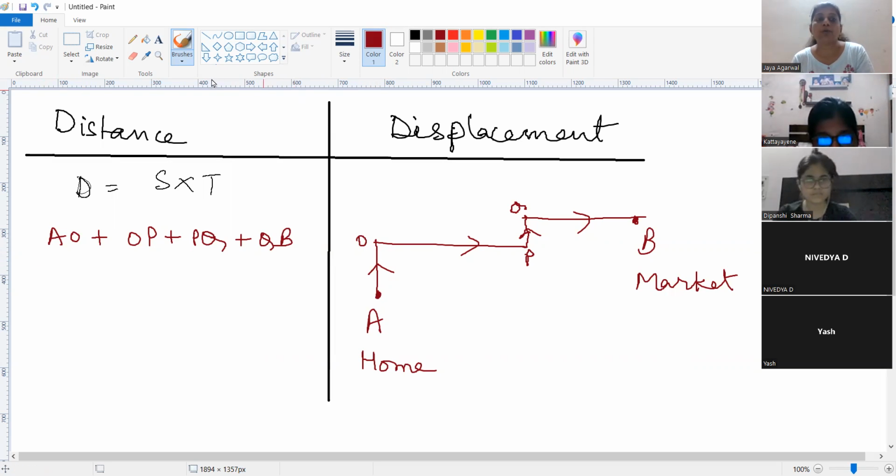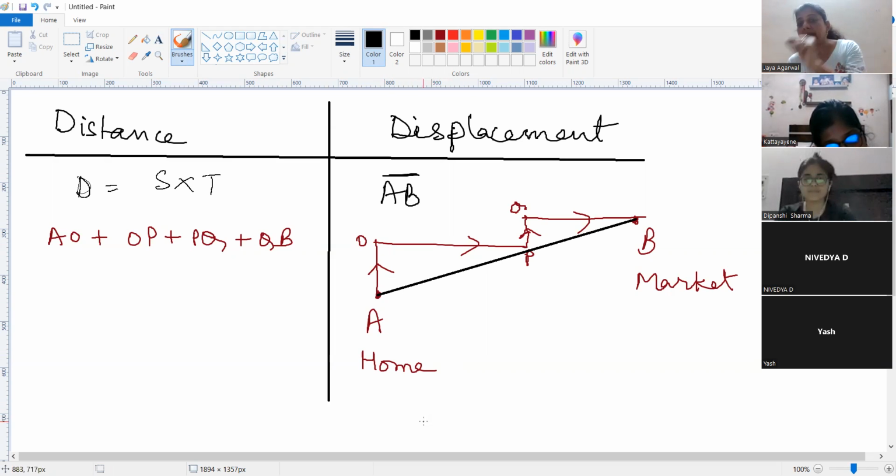Now, when I'm talking of displacement, I mean this. So what is displacement? Displacement is the shortest distance between the initial position and the final position, between the starting and the end position.